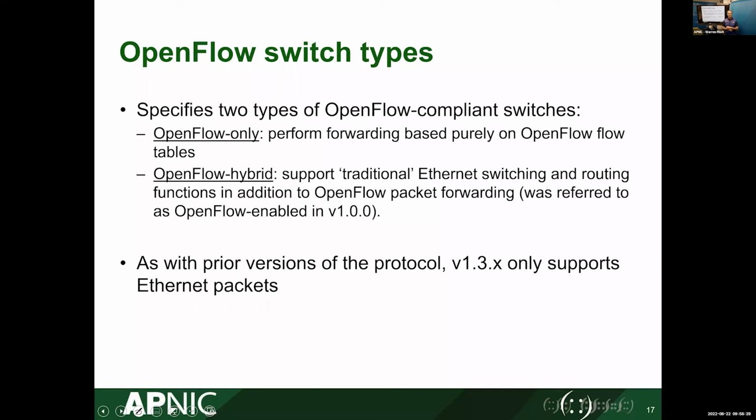So that means it's not going to be able to get any flow entries if it can't communicate. Whereas if it's an Openflow hybrid device, it can still work as a standalone device and forward packets without communicating to a controller. So most networks should have something that is an Openflow hybrid these days.